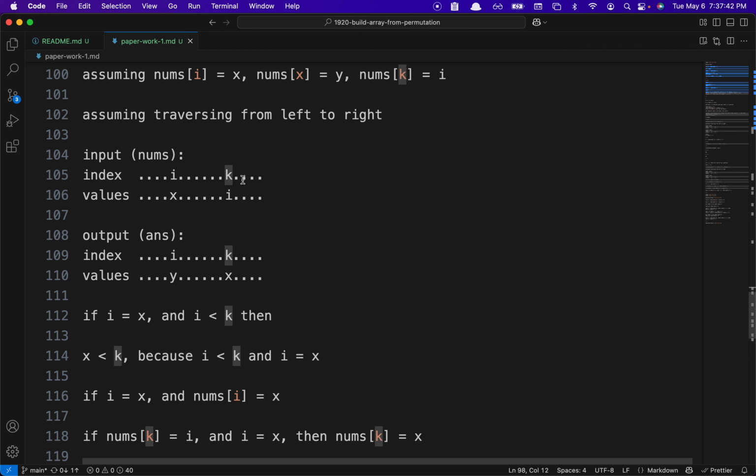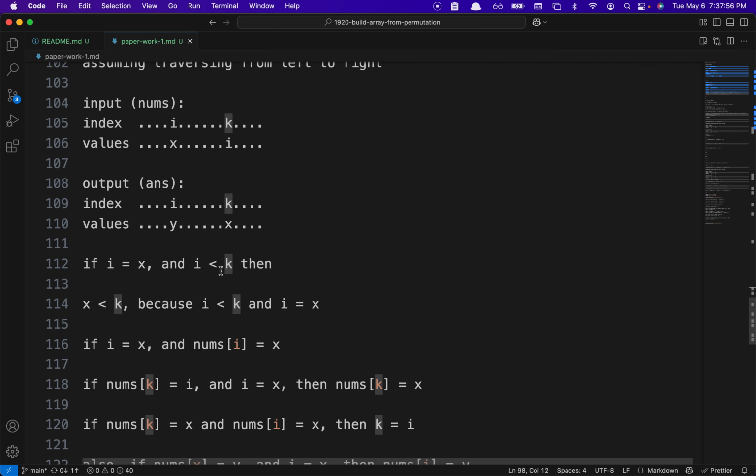You can say that, and if these two are equal, you can put I here, or you can put an x here, all of that. And we're saying nums of k is x, or maybe I, whatever it is, right? And you're saying nums of k.